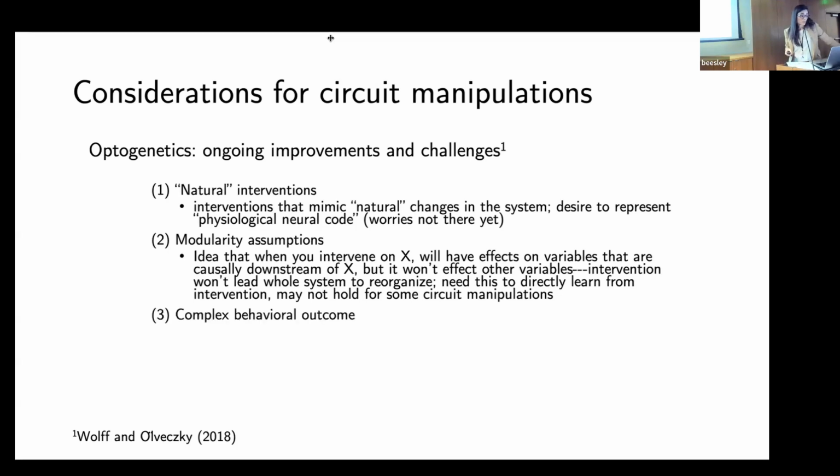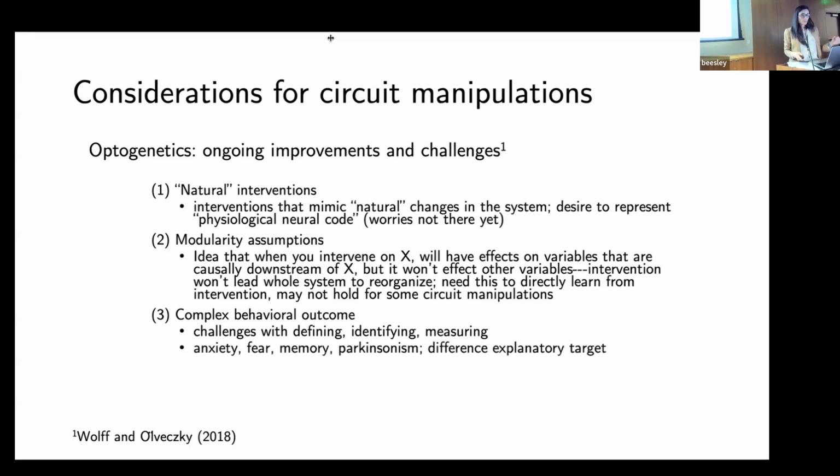A third challenge for optogenetics techniques is that the outcome of interest in these cases, the explanatory target, is extremely complex. It's far more complicated than many types of explanatory targets and effects that are studied in different domains in the life sciences, right? Some of the complex cognitive and affect variables of interest in this space are things like anxiety, fear, memory, even disease phenotypes that involve many different variables.